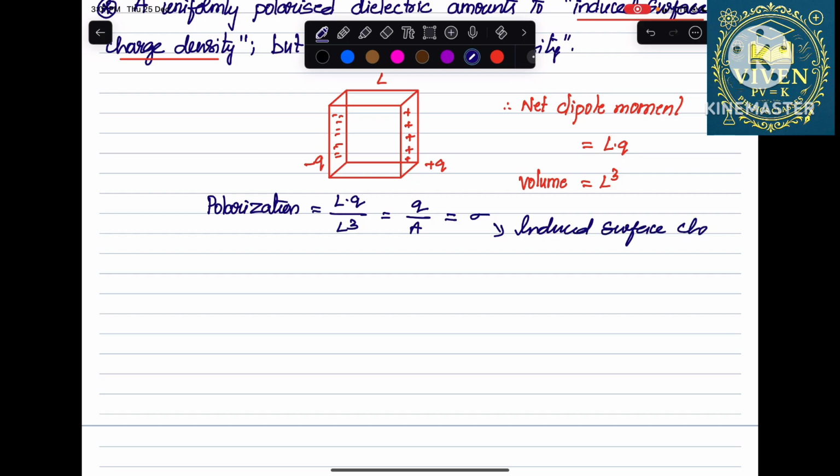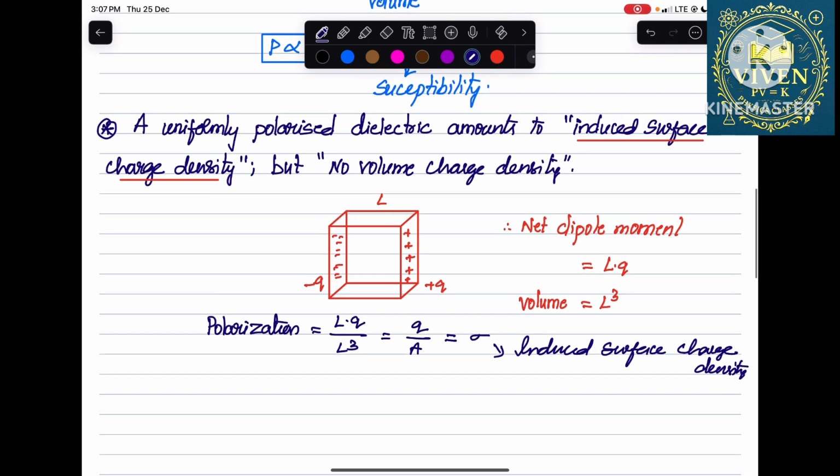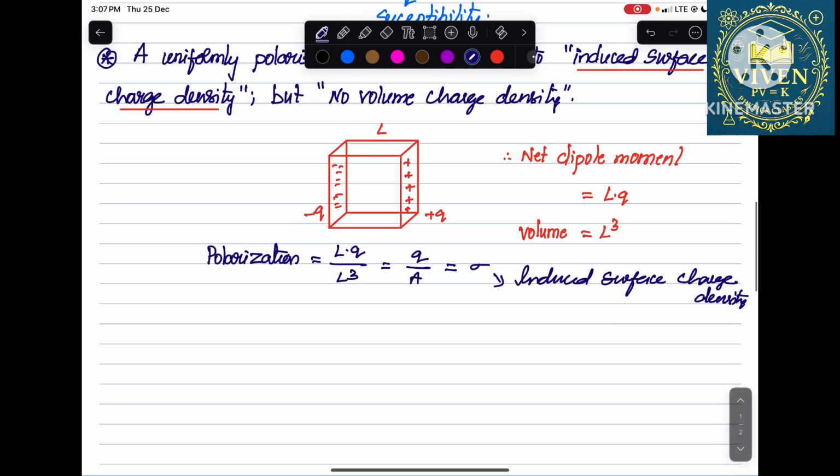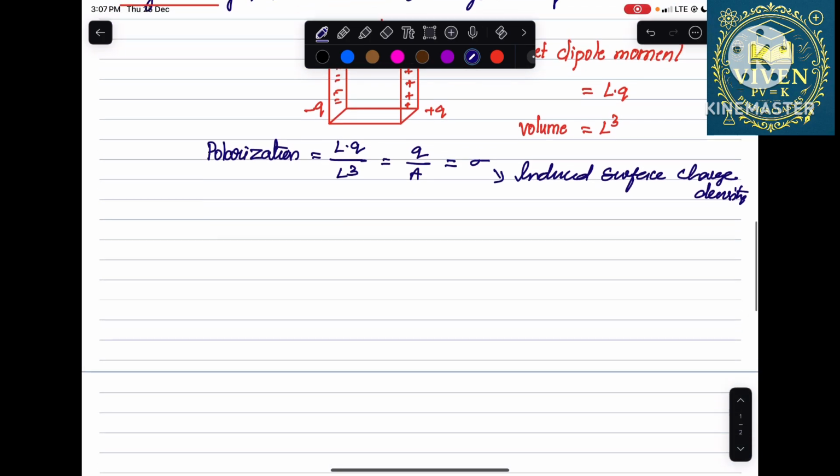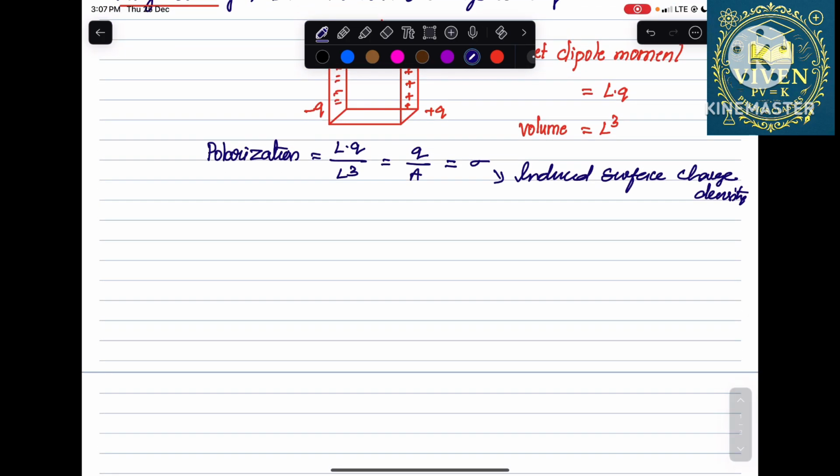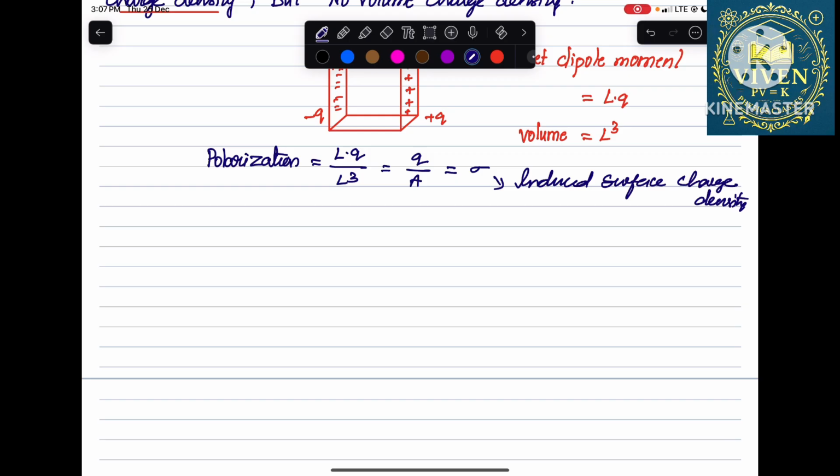Induced surface charge density. So this is the understanding I would like to give you clarity on, that a uniformly polarized dielectric amounts to induced surface charge density only, but not a volume charge density. So please make a note as a clarification for this one. And also you can even write this sigma, that is the induced surface charge density, as the dot product of polarization and a unit vector.